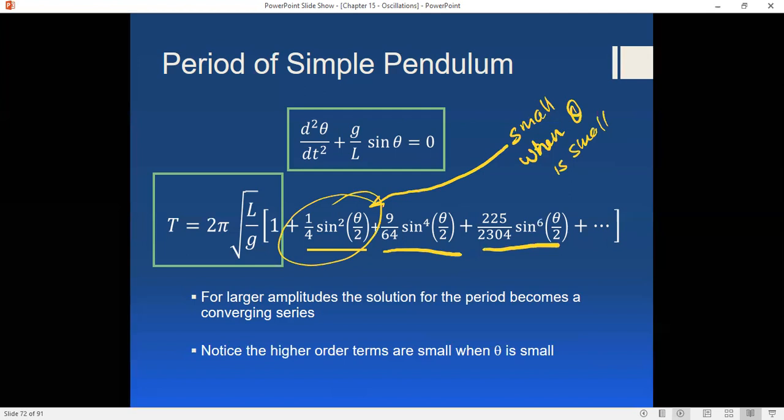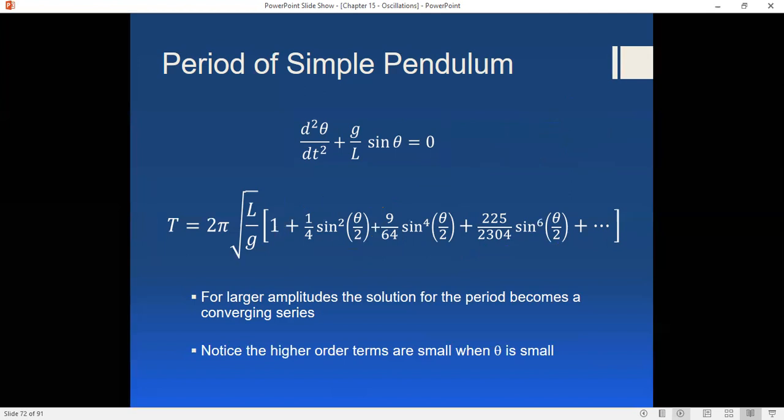Okay? So for small oscillations, we can use the period is equal to 2 pi square root L over g. Okay? That's fine. If the amplitude gets too large, then we have to use some of these other terms, which, again, when theta is small, are pretty much close to 0.